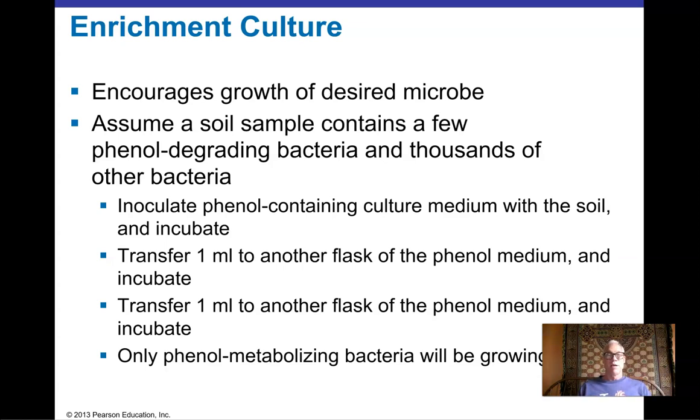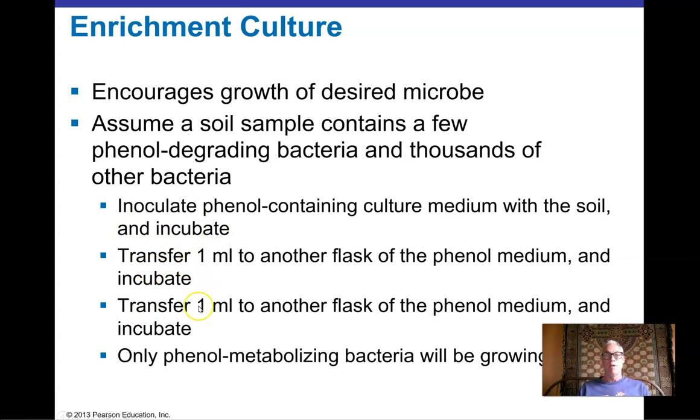So in this example that's given, a phenol-containing medium can be used to enrich a culture for phenol-degrading bacteria that can utilize phenol. It's an aromatic ring with an OH group sticking out. And so if we grow a mixture of a whole bunch of different bacteria and fungi in this phenol-containing culture, let it grow for a while, and now we have our rare bacteria starting to grow more and more.